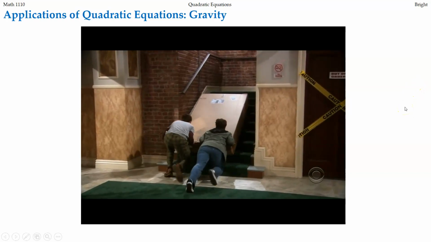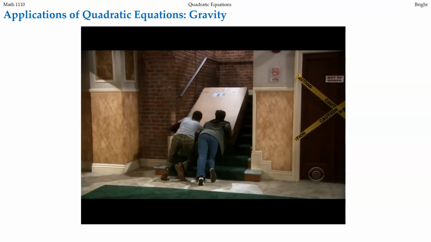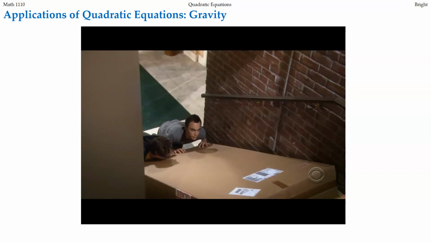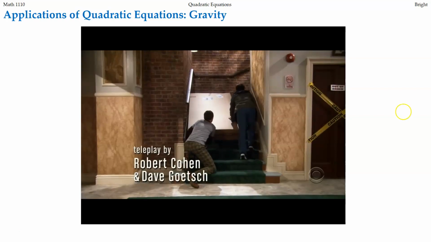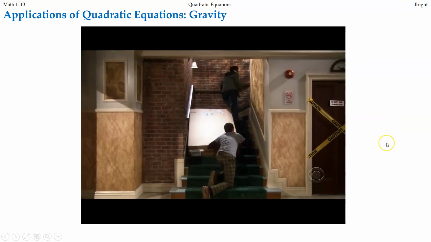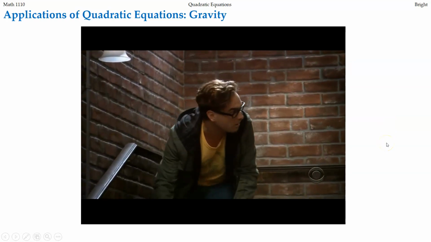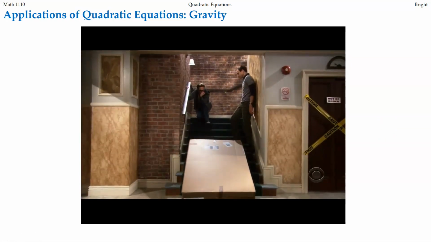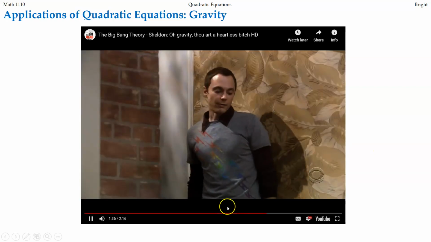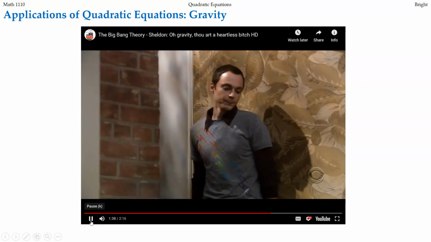See, it's moving. This is easy. It's all in the math. What's your formula for the corner? Okay, yeah, no problem. Just come up here, help me pull and turn. Ah, gravity, thou art a heartless bitch.